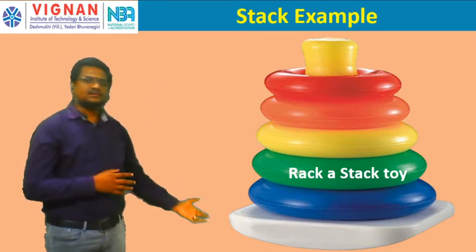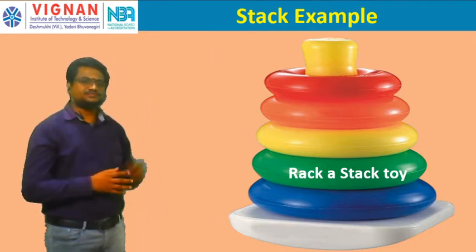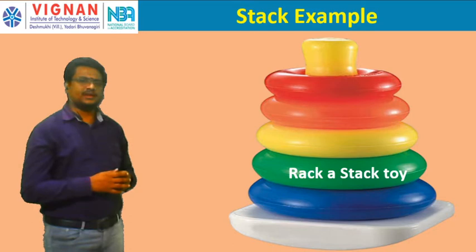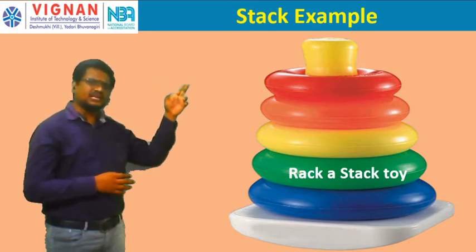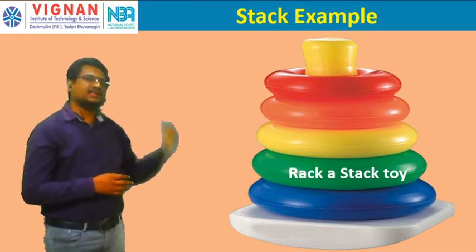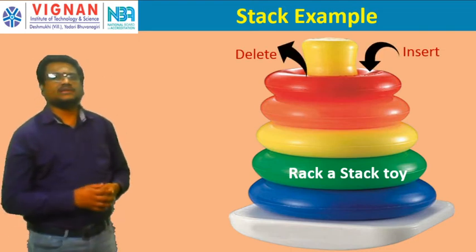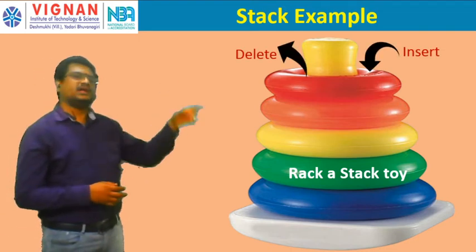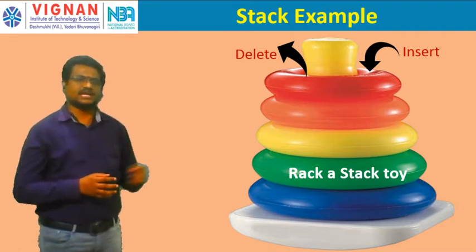Below it is not possible. I can insert only at the top of the rack. Now if I want to delete an element, first I have to delete the red ring, then orange, then yellow, then green. Finally I will delete the blue one. Insertion and deletion. So it is one of the best examples for stacks.